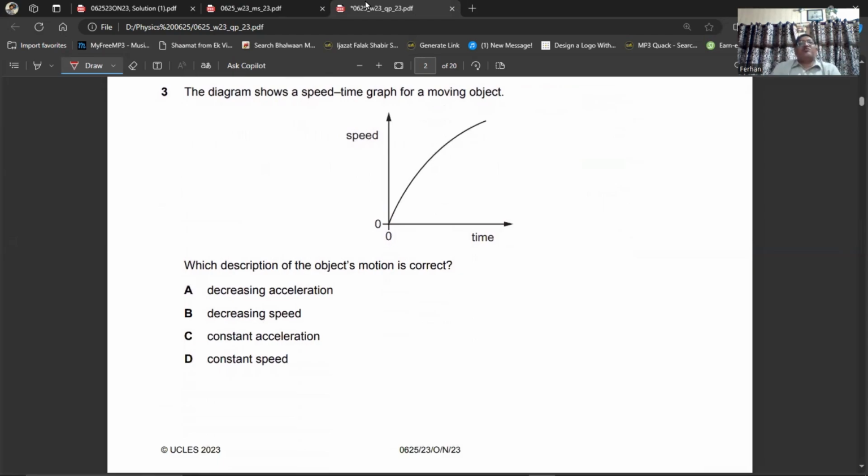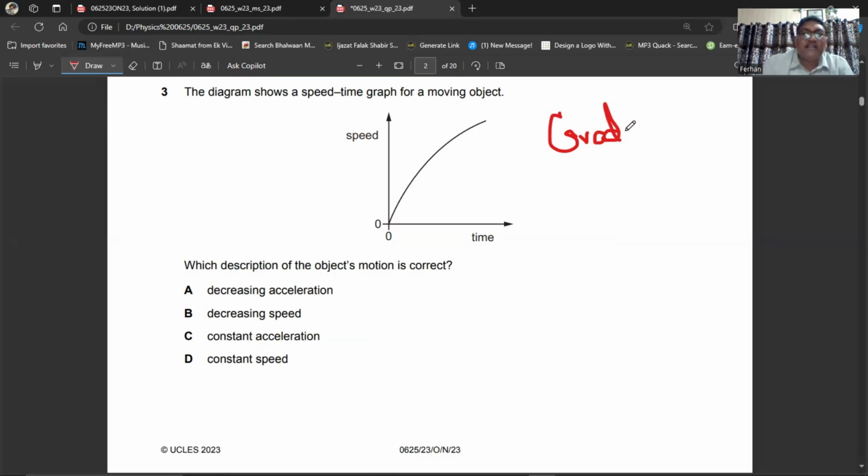Question number 3. The diagram shows a speed-time graph for a moving object. Which description of the object's motion is correct? Okay, so this is a speed-time graph, and the gradient here represents the acceleration.